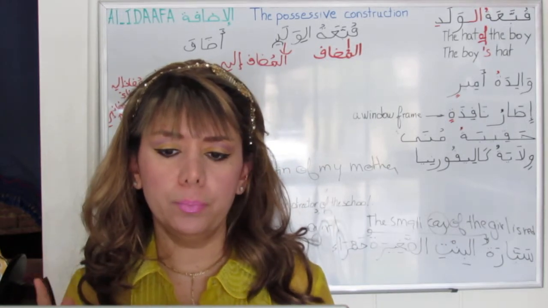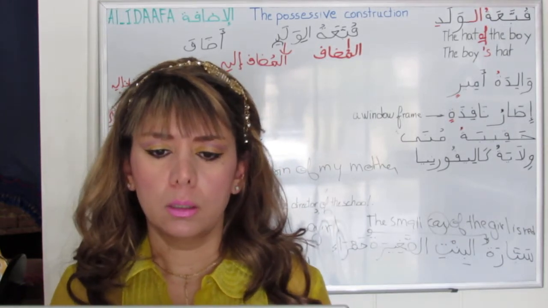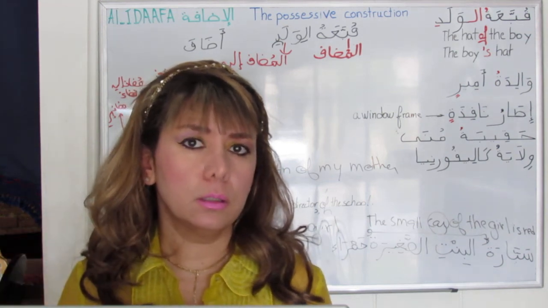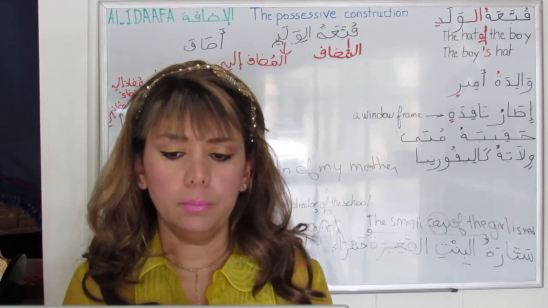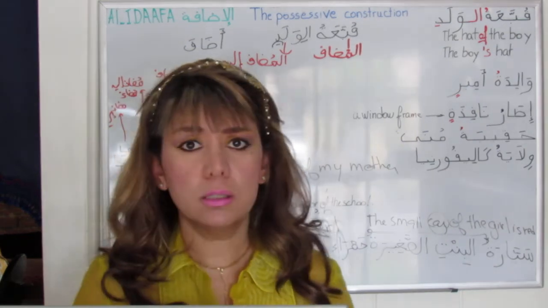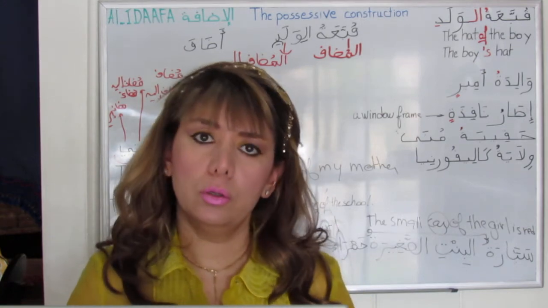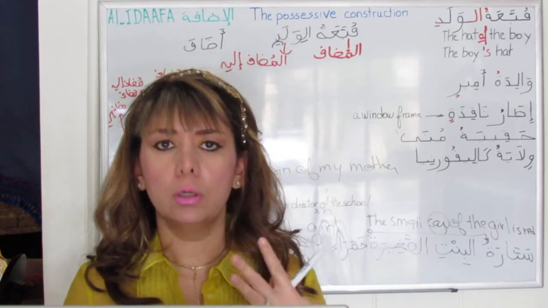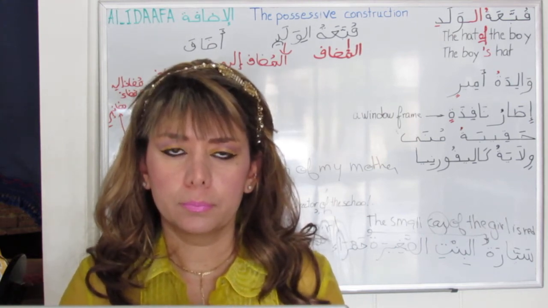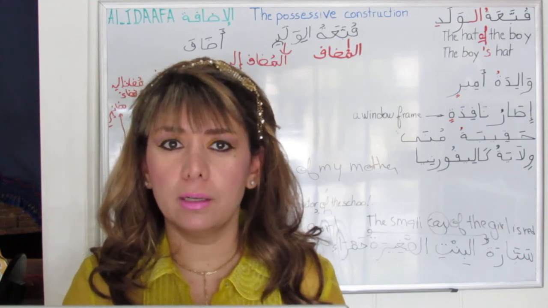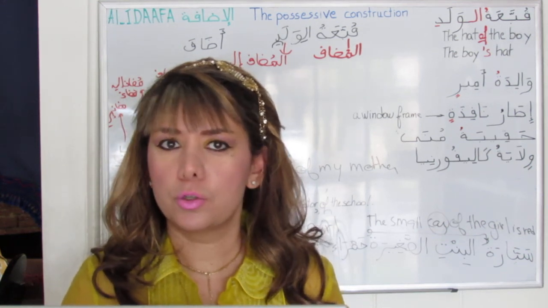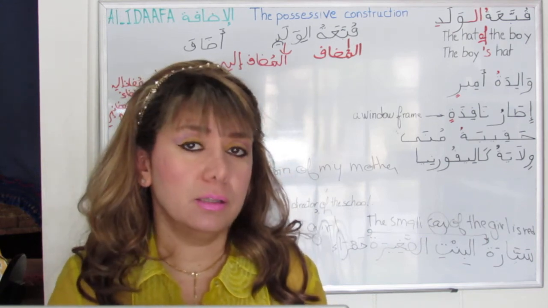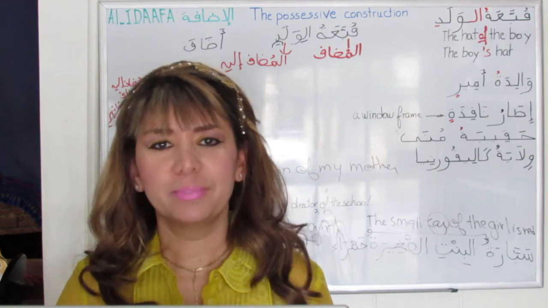The first term is never marked by a definite article, no tanween, and definiteness is showed in the second term or the last term because we don't break the construction, and start recognizing إضافة in the short stories, Arabic short stories or magazines. Until then, إلى اللقاء.